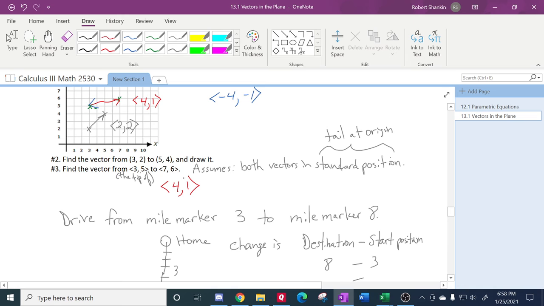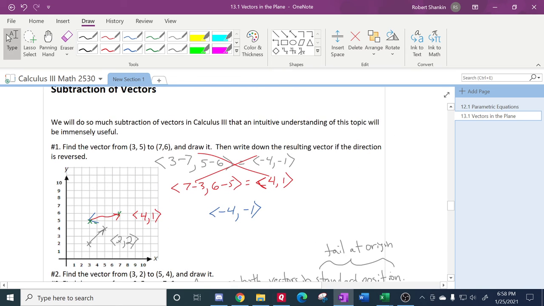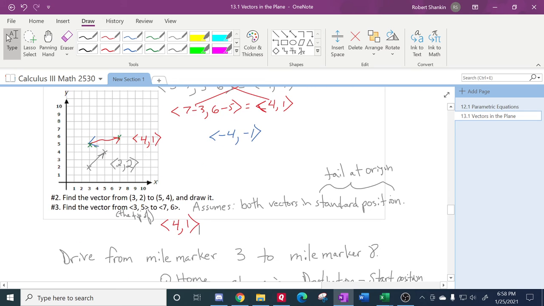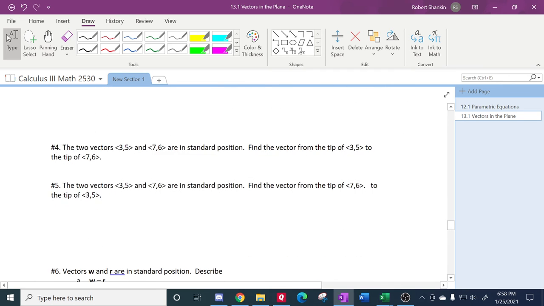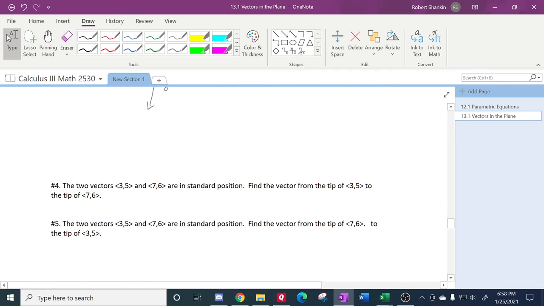The main thing I wanted to point out is that it's the same question as this one, but it has all these assumptions involved. Okay, all right. So go ahead and get your answers for 4 and 5.